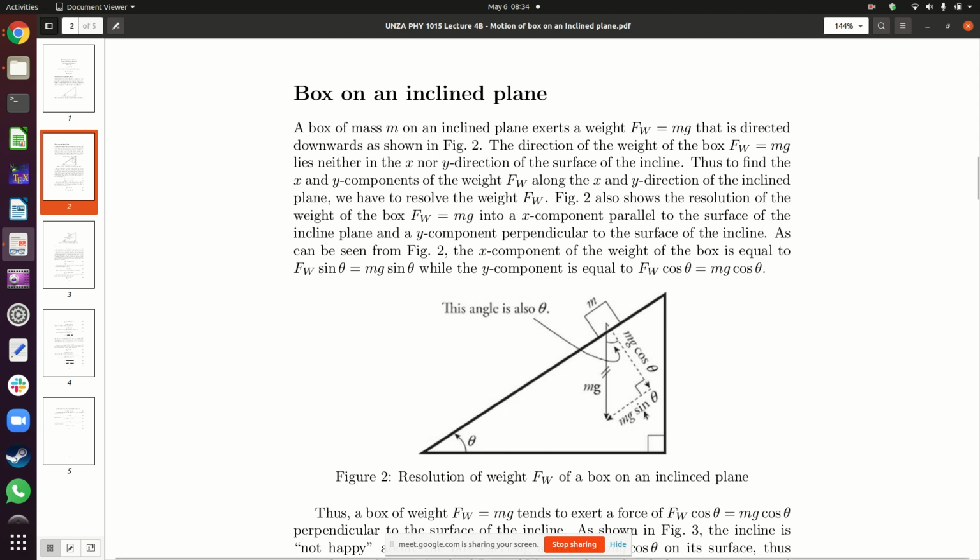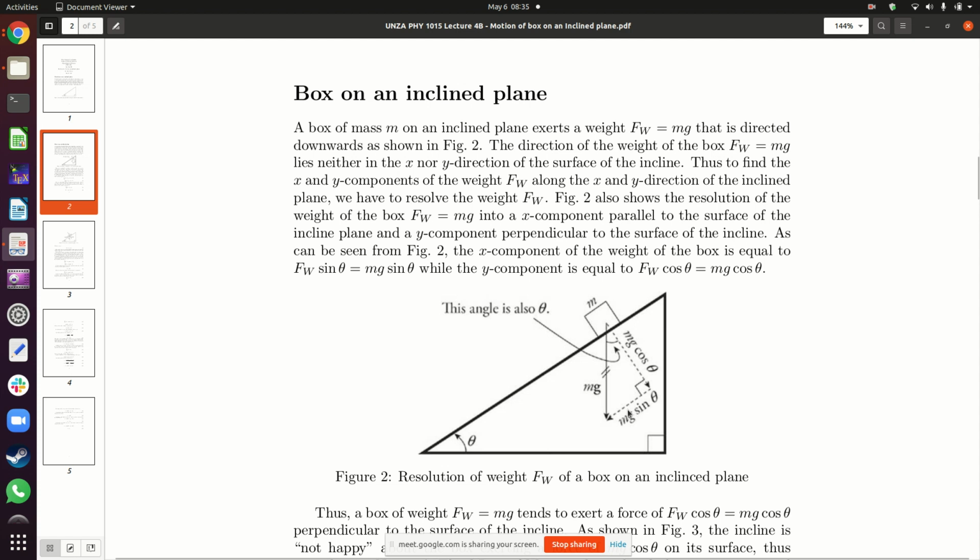Now, this mg sin theta also explains something. It explains the reason why an object on an incline tends to move downwards. Depending on the weight of the object, mg sin theta depends on the weight.